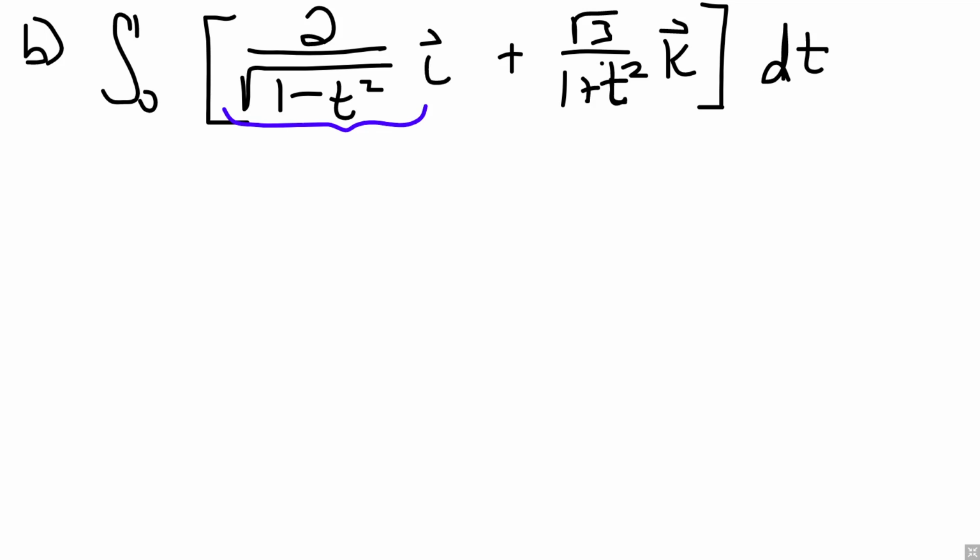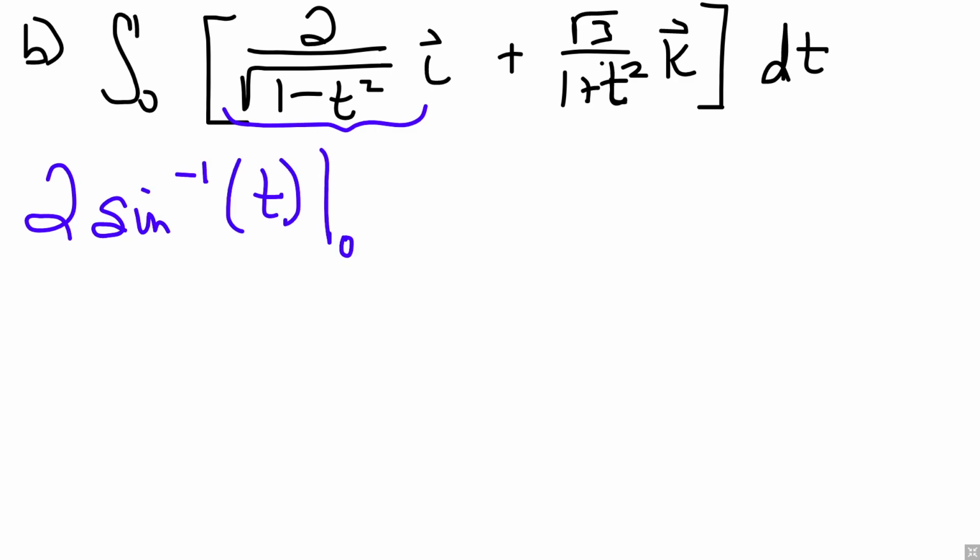What would be the antiderivative of the first one? Two sine inverse t. Right. So it's going to be 2 times the sine inverse of t, and we're going to evaluate from 0 to 1, and we're going to have plus.